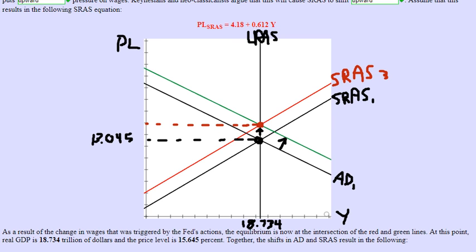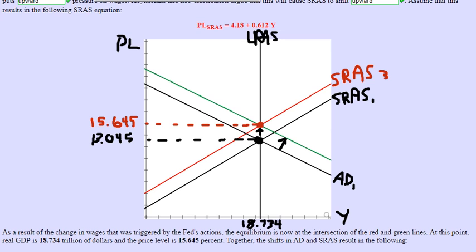Let me label the final price level. The final price level is 15.645. Okay, so we got everything labeled. Everything looks good. I just verified that the initial price level was 13.045.